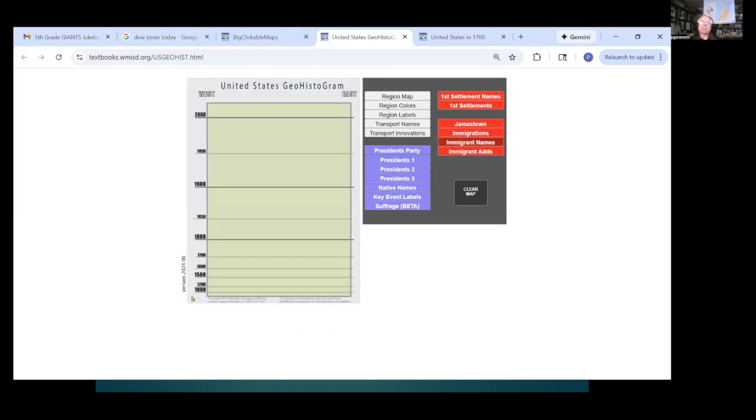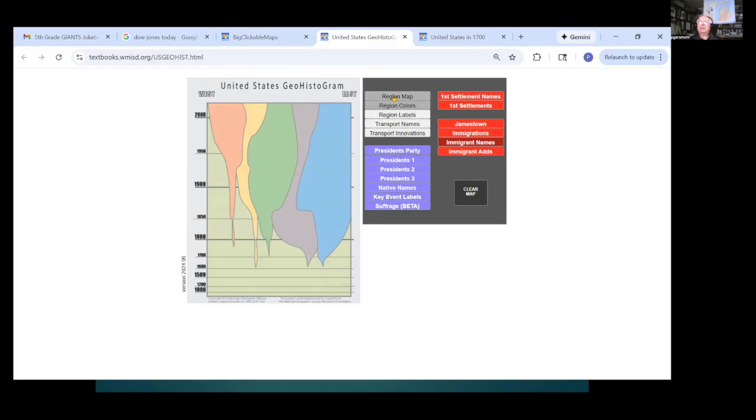And the US geohistogram has the basic framework put on here. You can put on these basic regions. This is New England, the Middle, the South, Great Plains, and the Western Desert.